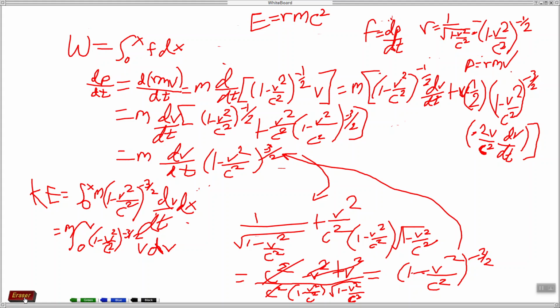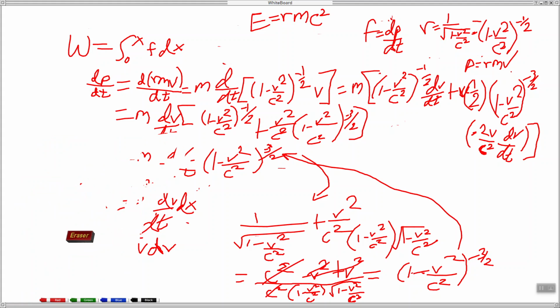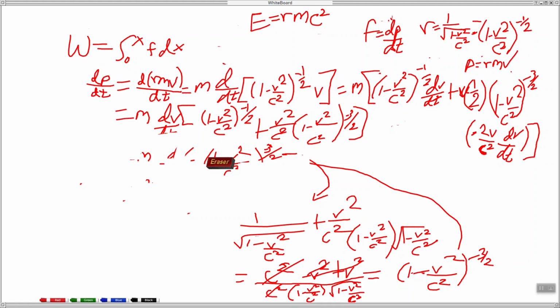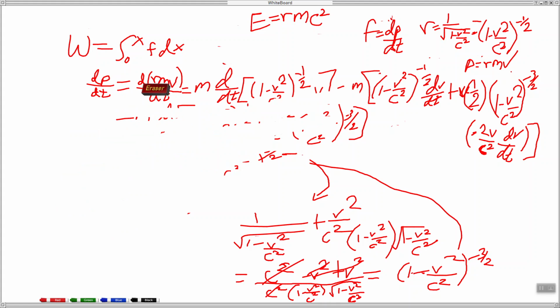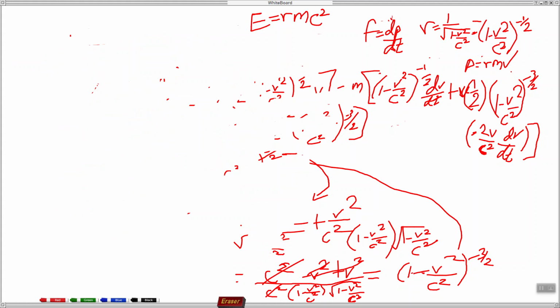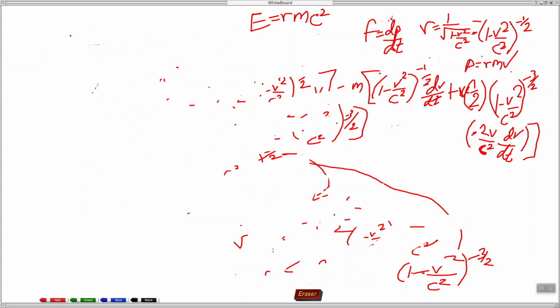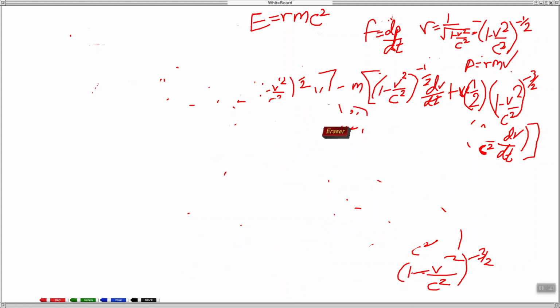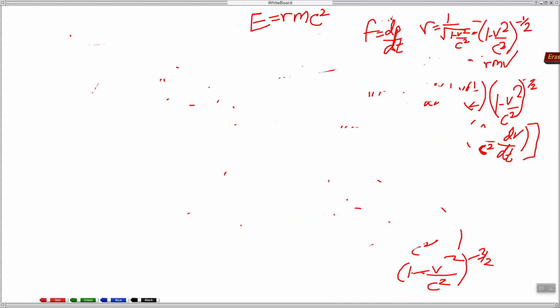Okay, I'm going to erase this and continue on with the KE equation. So as long as we got that, which is a continuation of the kinetic energy formula.